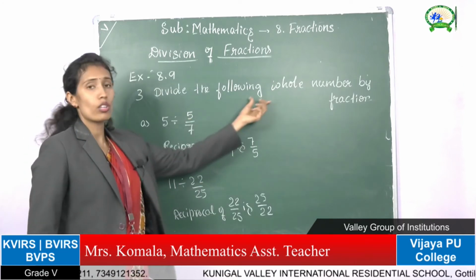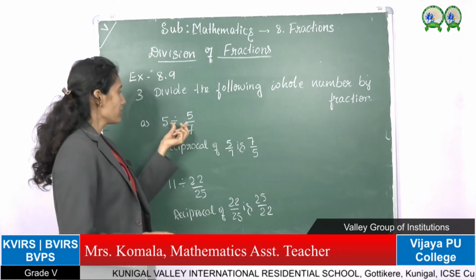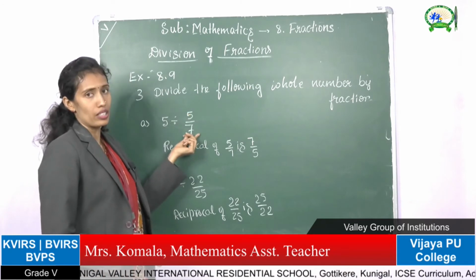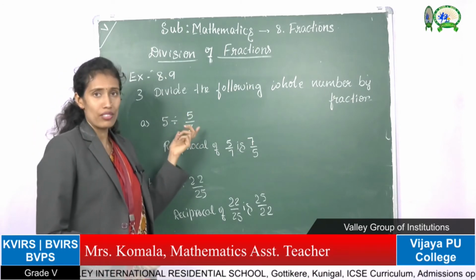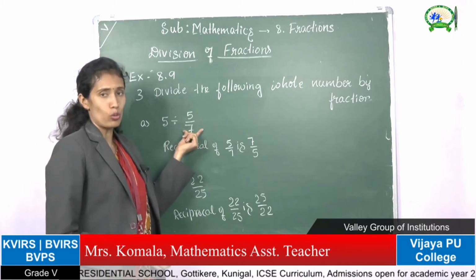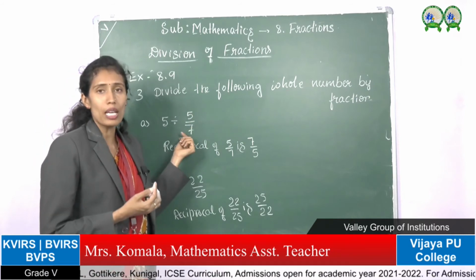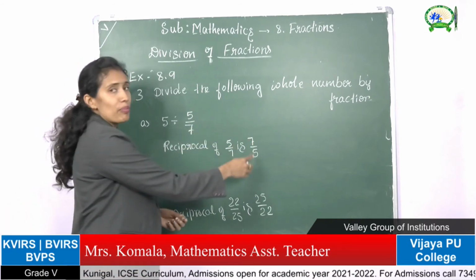Next, divide the following whole number by a fraction. Here the whole number 5 is divided by 5 by 7. I have already told you in division, first you have to write the reciprocal of the divisor. What is the divisor here? It's 5 by 7. What is the reciprocal of 5 by 7? It is 7 by 5.